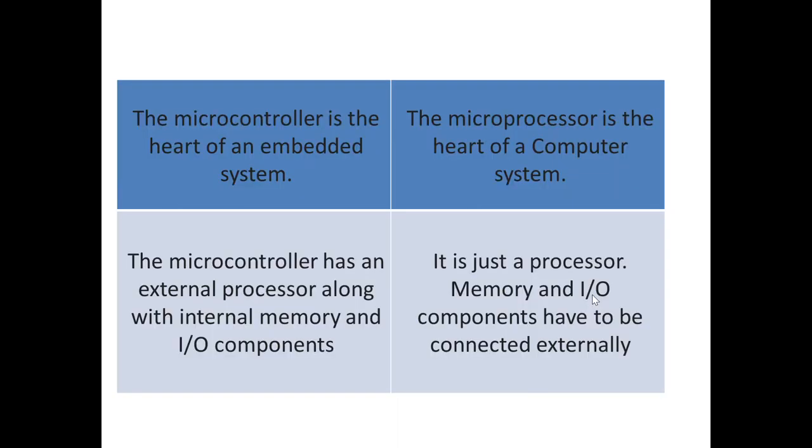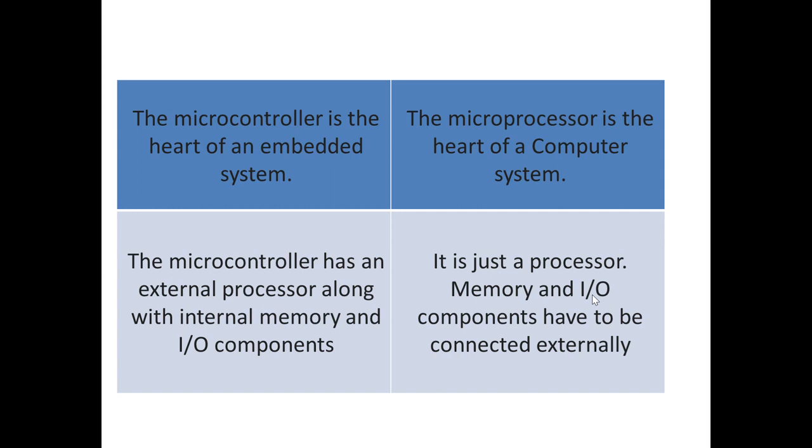The microcontroller is the heart of an embedded system. So what is an embedded system? An embedded system is like a device. All the work done by the device is programmed into it itself. So the device will work depending upon the code we have given to it. That's all.